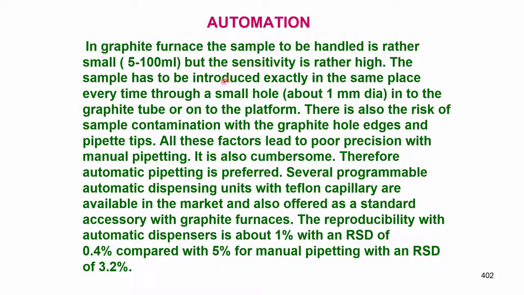There may be a certain amount of difference in the sample delivery, even if it is of the order of 1 or 2% in the micropipettes. The sample to be handled is rather small, 5 to 100 microliters, but the sensitivity is rather high. The sample has to be introduced exactly in the same place. That is possible if you can put the sample on the platform.